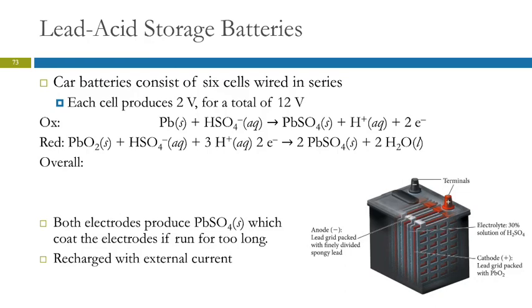But you can't find any combination of half reactions that's going to give you 12 volts. So what you do is you put several of them in series, and then the potentials add together. So each cell is producing 2 volts, and there's 6 of them, so you get a total of 12 volts.